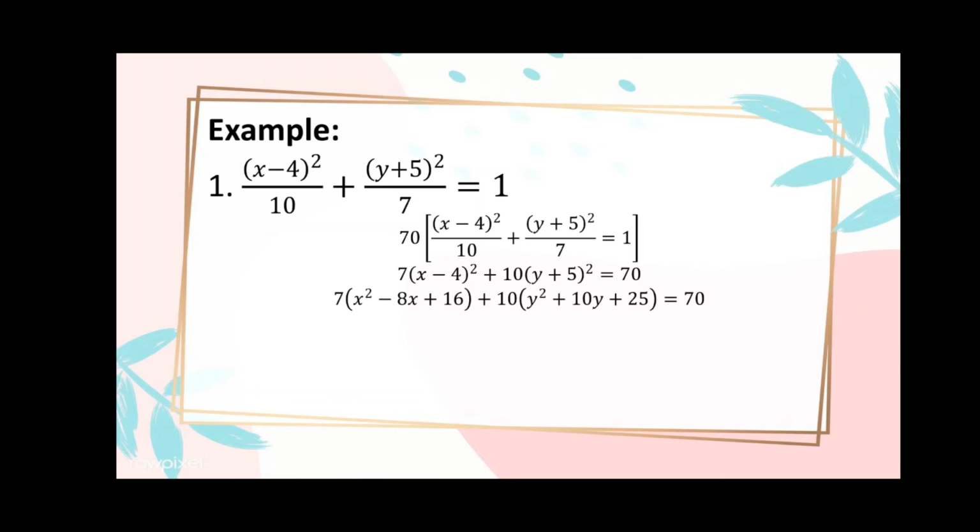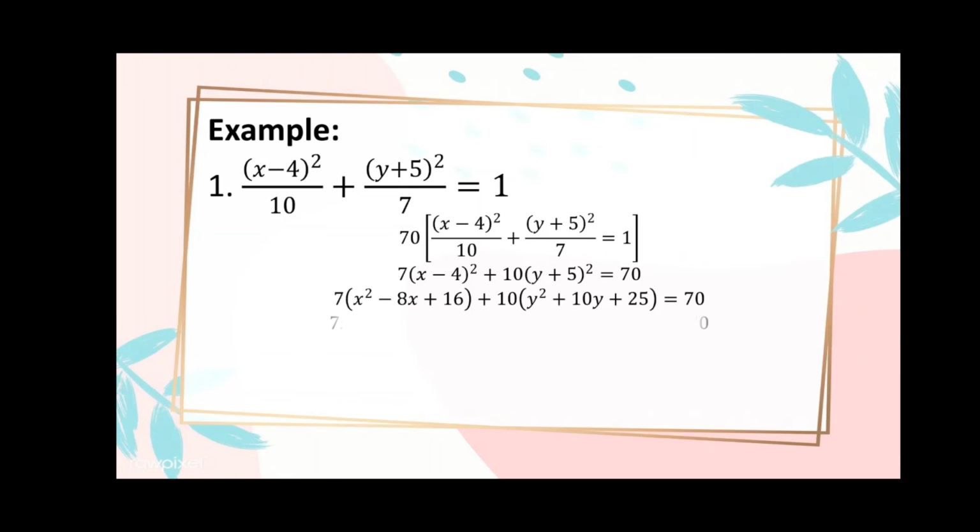Next is for us to expand the binomial. When we expand (x minus 4) quantity squared, we can use the FOIL method or the shortcut method that I told you last time. So we have 7 multiplied by (x squared minus 8x plus 16) plus 10 multiplied by (y squared plus 10y plus 25) is equal to 70.